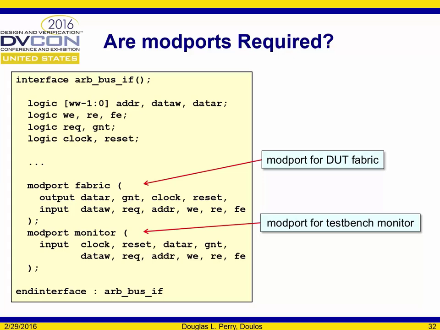Now, is that mod port required? No, it's not required. It adds checking, but it's not really required. So in fact, here we got a mod port for the DUT fabric. Here we got a mod port for the test bench monitor. But yeah, it adds checking, but it's not really required. That's the point. So you can send the entire interface here, and whether or not you actually use the mod port in the monitor or not is really kind of up to you.